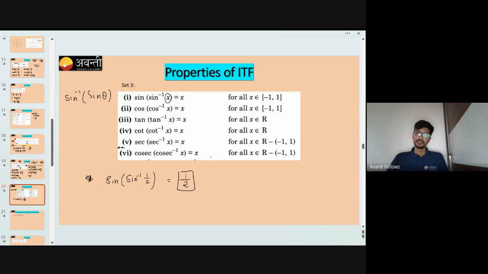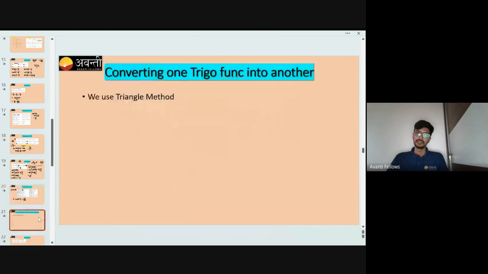Now, after set 3, I would like to go into trigonometry again. A very important thing we'll learn from trigonometry is converting one trigonometric function into another. Please note. Actually, you are very familiar with this. I like to call it the triangle method.